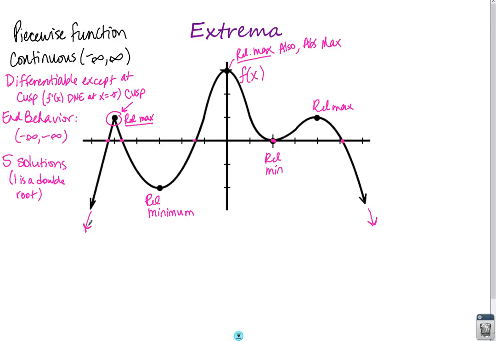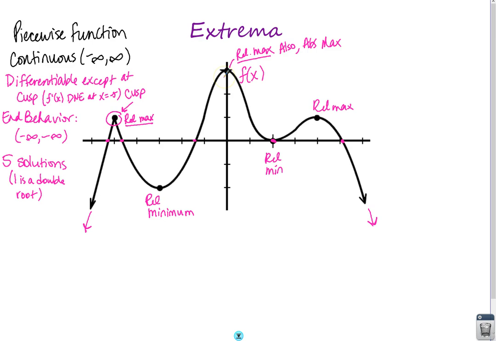Okay, now I want you to think about what is happening at this relative maximum as opposed to this relative maximum. Earlier we said that we did not have a derivative at this one because there's a sharp turn. Would we have a derivative here, a derivative value? The answer to that question is yes.